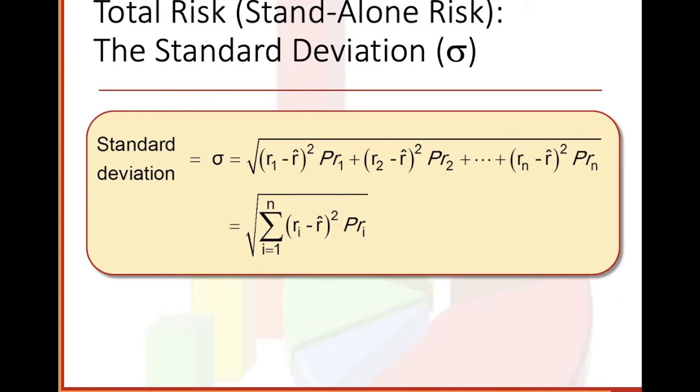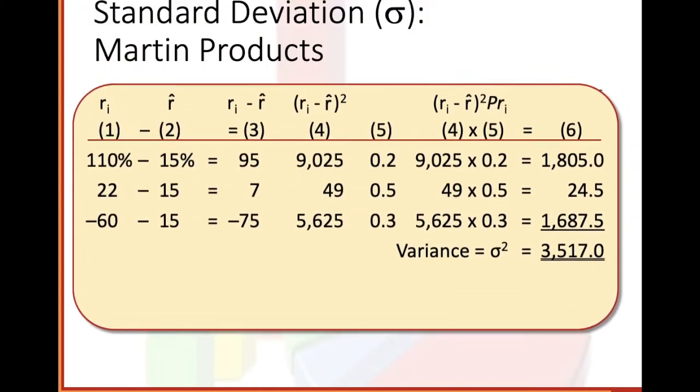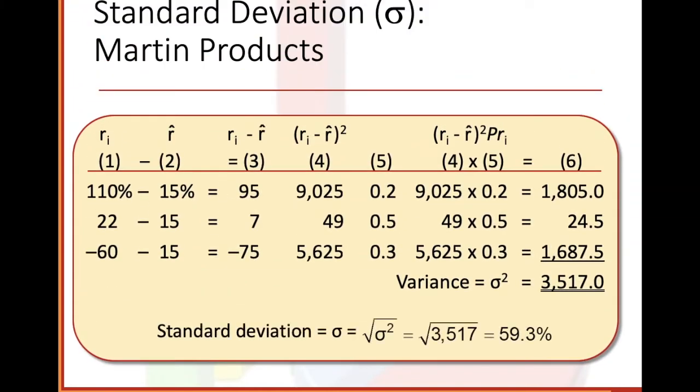So if you were to break it down, this equation is the summation of all of this. If we took this to the 1, to the 2, to the 3, to the 4, to the 5, and so on, that's what this is saying, to the nth term. Okay. So here we go. Martin Products, 1 minus 2 here, and then this will give us 3 here.